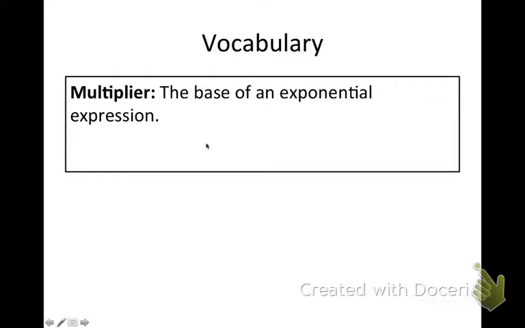All right, another vocabulary word that's going to pop up is the word multiplier. If you are asked to find the multiplier of an exponential expression, it's going to be the base of an exponential expression.